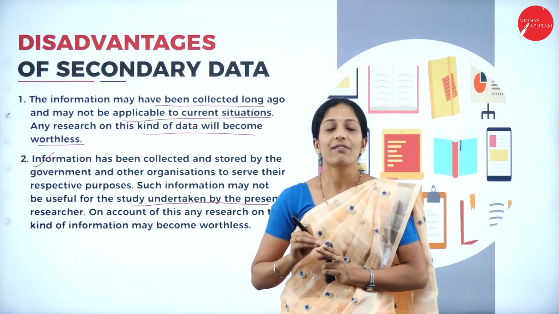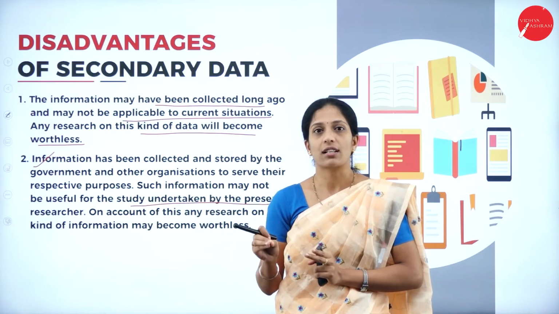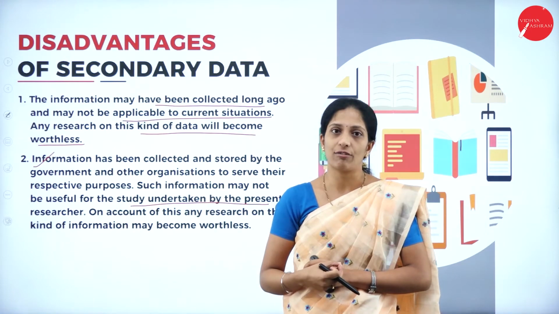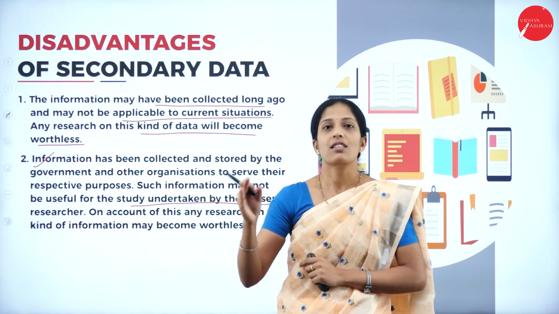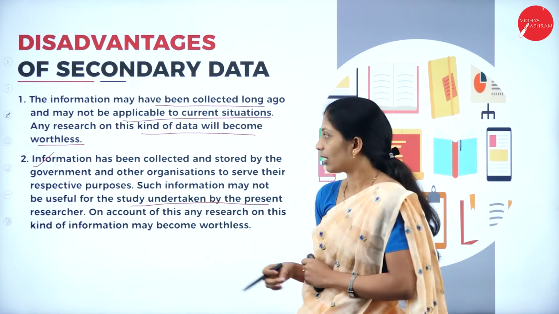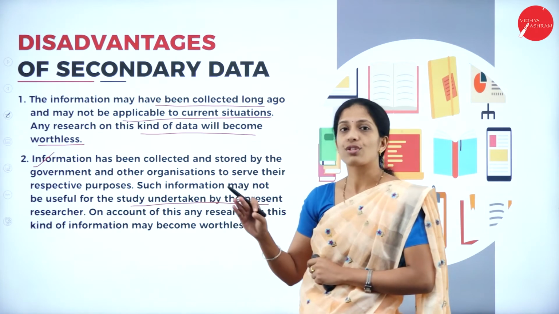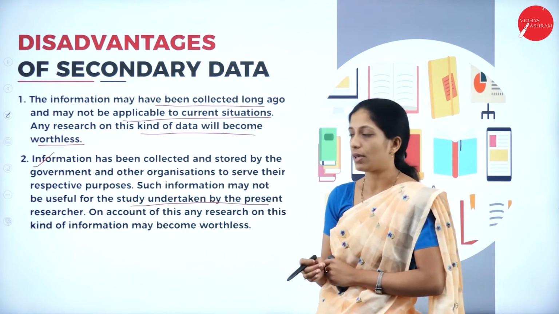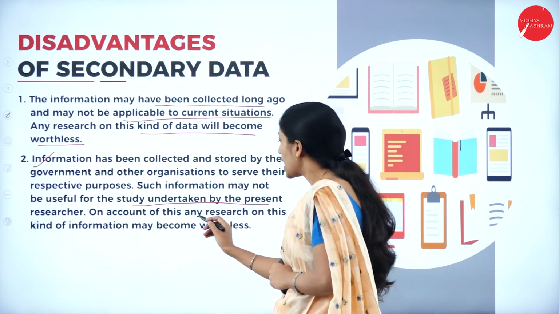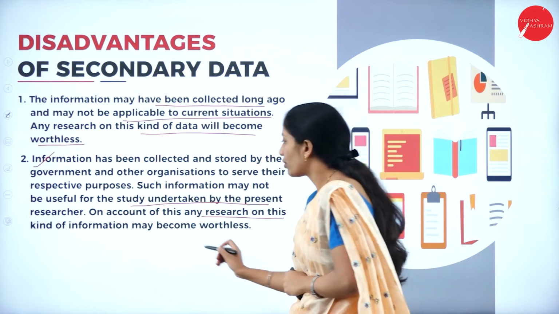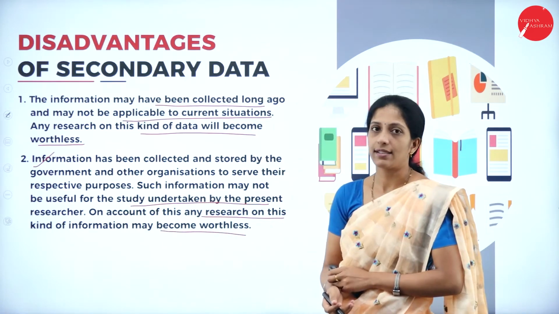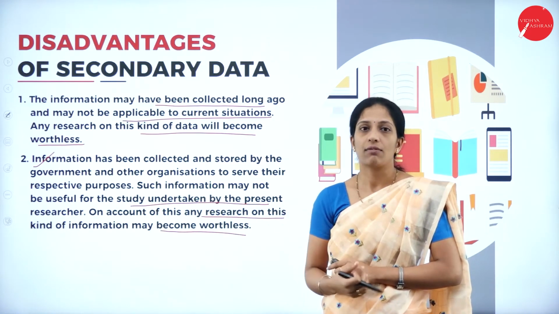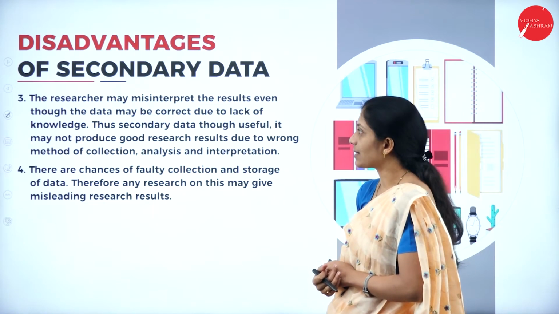Suppose the topic relating to the research activity might not be collected by the government, but the researcher has taken that information. So, thereby the research work also goes wrong. So, the government will collect that information which is needed for them, but it may not help the researcher sometimes. On account of this, any research on this kind of information may become worthless. So, if we collect such information and do the research activity, it will become useless or worthless.